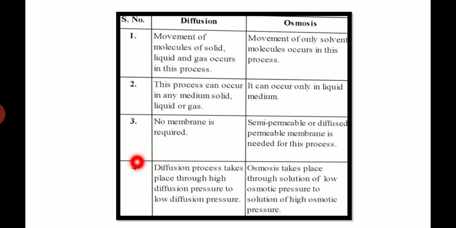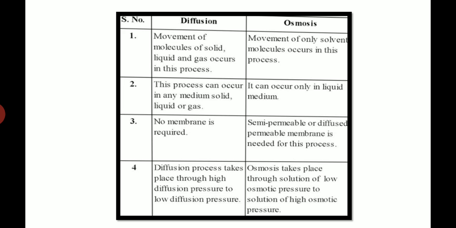Right? And the last point is, the diffusion process takes place from high diffusion pressure to low diffusion pressure. But the osmosis process takes place from low osmotic pressure to high osmotic pressure. That means in diffusion, the diffusion pressure will take part, and in osmosis, the osmotic pressure will take part.